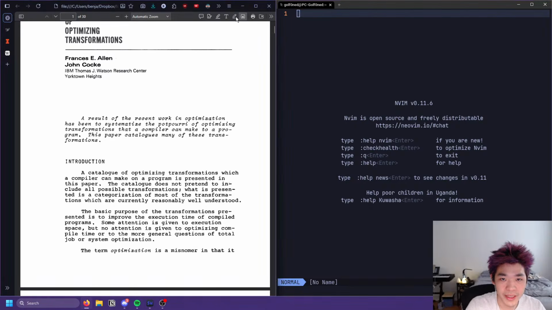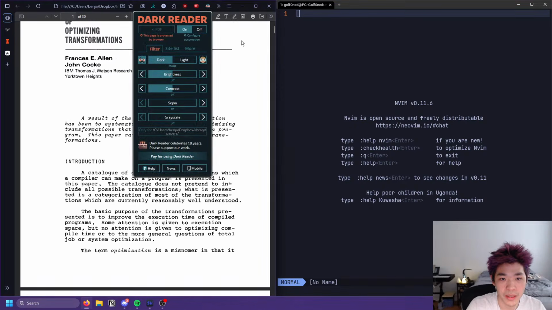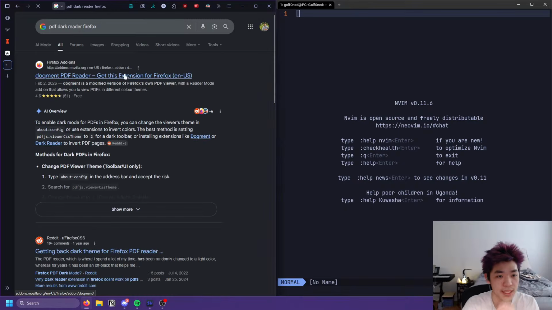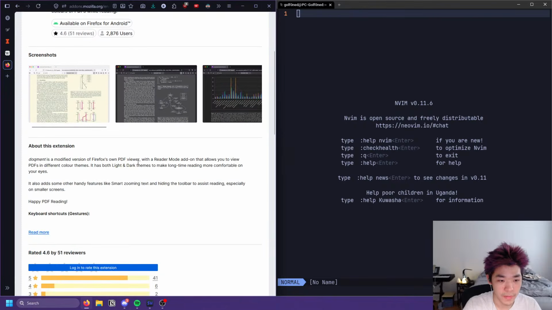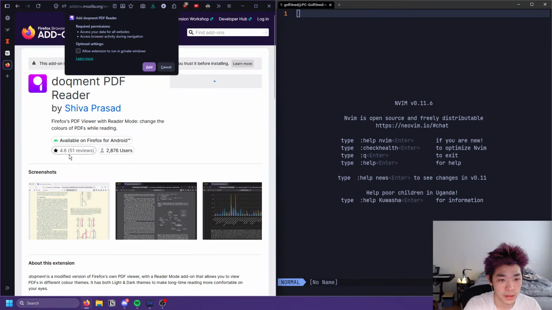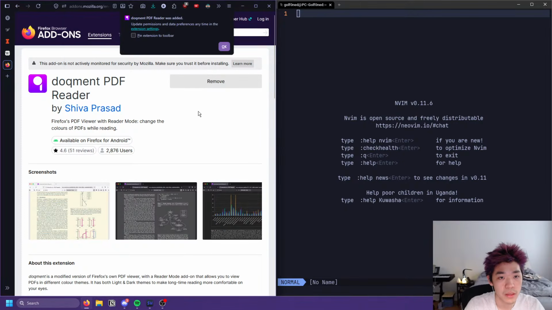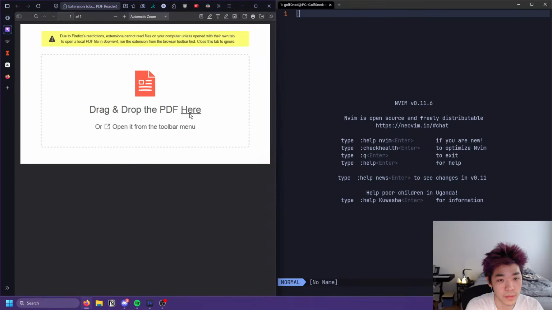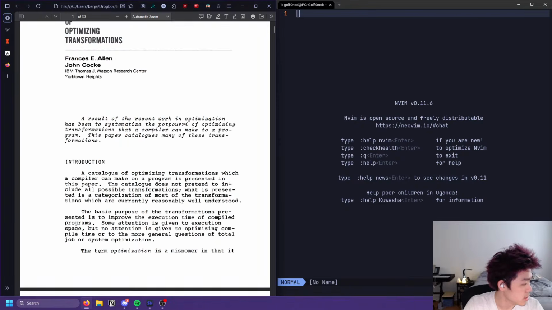Can we dark reader this PDF? We can't. PDF dark reader Firefox. Let's see if this exists. Oh, I guess it does. Neat. We'll see if it works. People seem to like it. Okay, let's open it again.